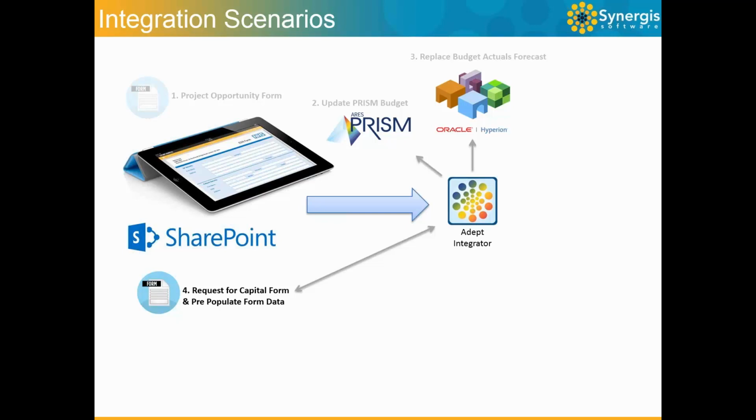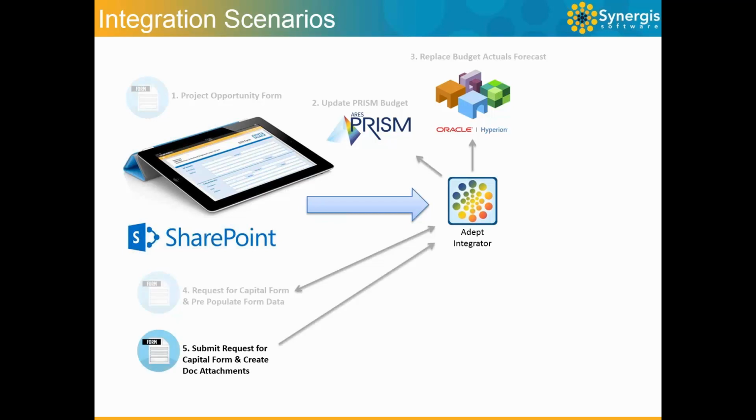In this instance, obviously, we've filled in some details from the opportunity form, and what would be great is if we could take that data from Prism, the cost management tool, and pre-populate the form for the request for capital. From there, that document is created, and then there might be other artifacts which need to get created, other documents, other Excel sheets, CAD drawings, engineering drawings, whatever they may be.